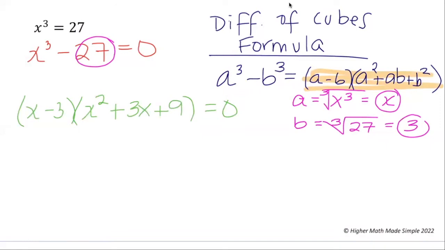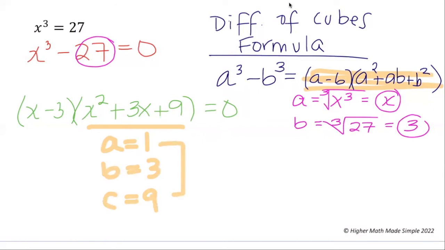Okay, so actually, I will do a shortcut. I did explain in my difference and sum of cubes formula video that whenever you use this formula, the quadratic piece will never, ever, ever be factorable. Now, if you don't believe me, this is a quadratic, so we can try and use the AC method. A is 1, B is 3, and C is 9.